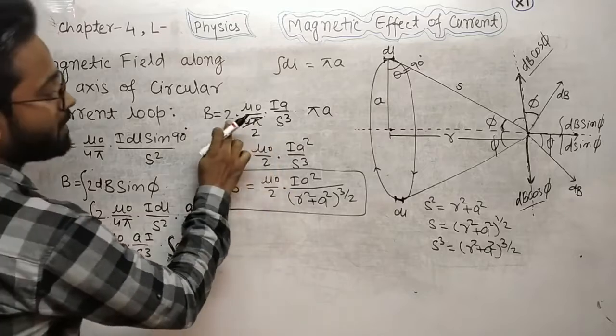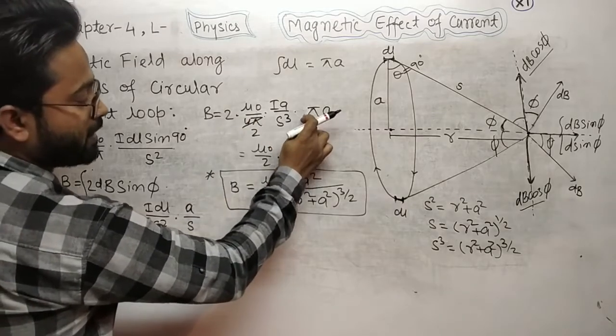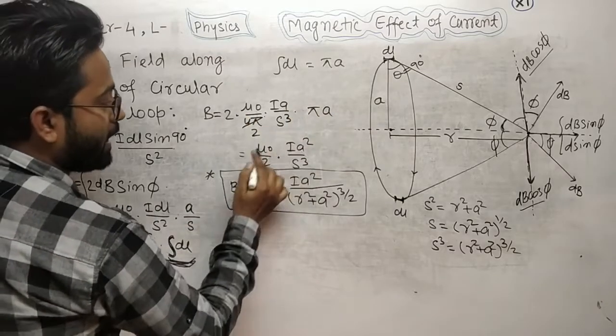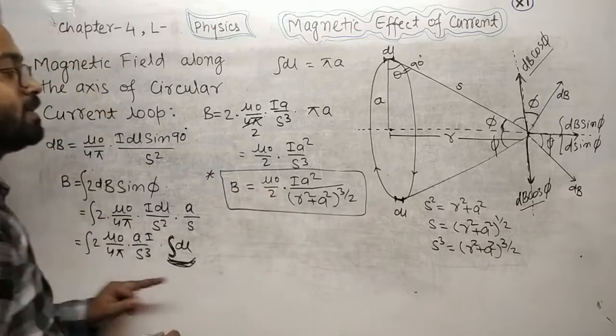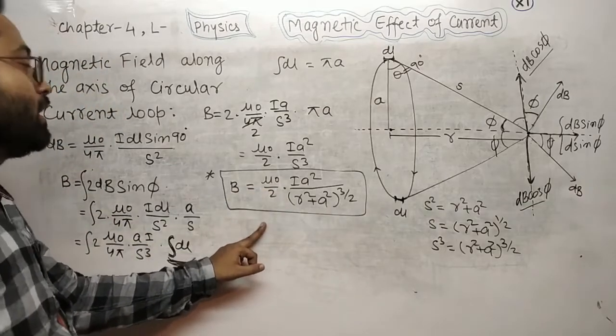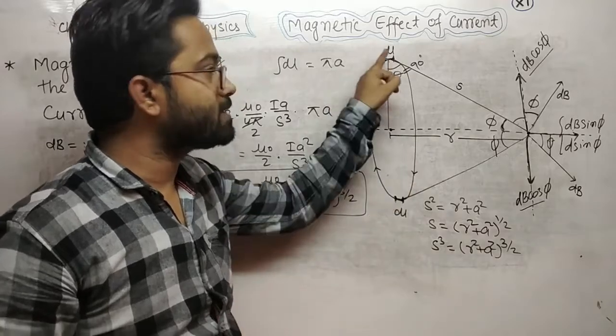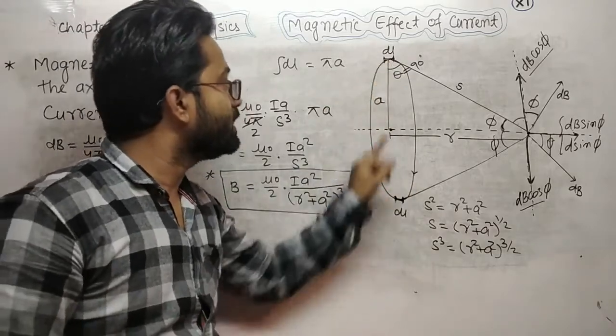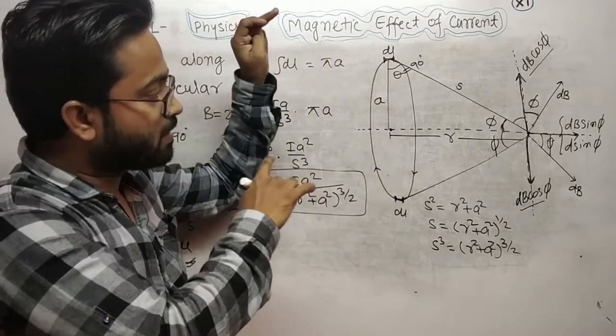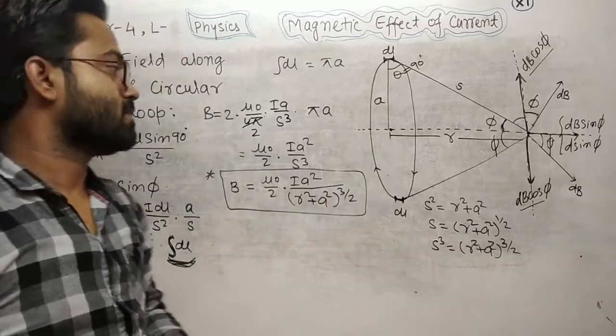You can simply write 2 here, that will be equal to 2 pi a, and after solving you will have the same result. If you have only one dl, then you will integrate over a complete cycle. If you have both the dl, then you will integrate only half of the cycle.